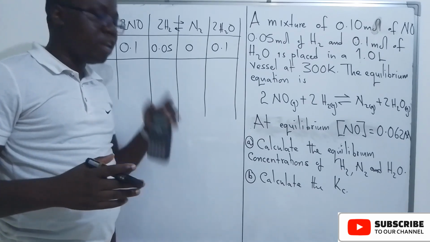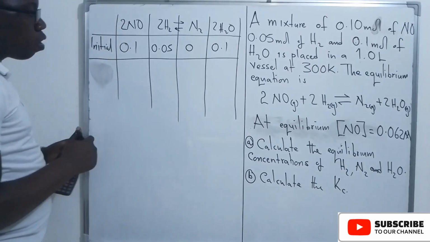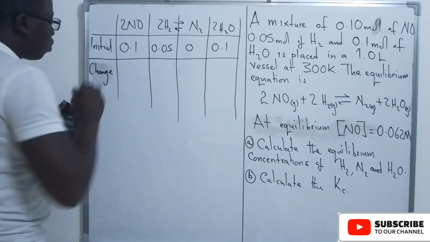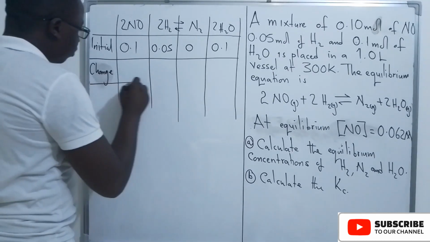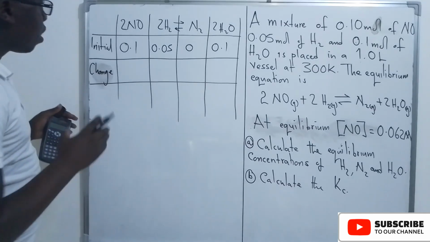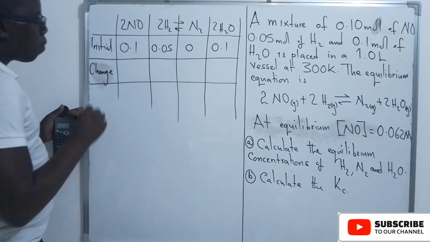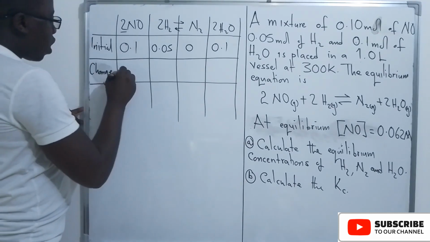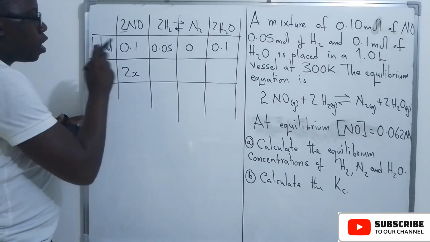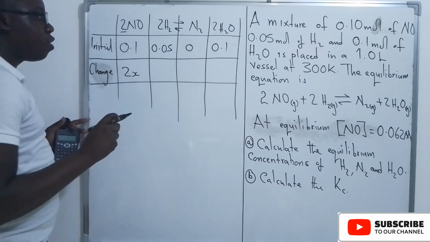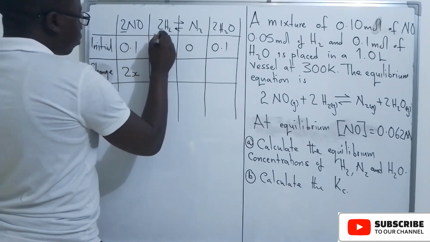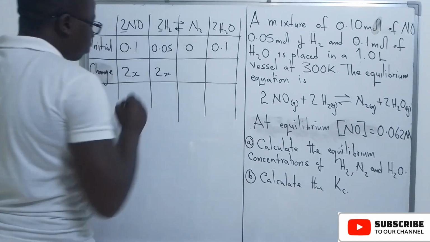So after identifying the initial concentrations, we now want to look at what will be the change as this reaction achieves equilibrium. Now, the change of this reaction is in terms of x. So, for NO, because it has the coefficient of 2, we are simply saying 2x should be the change in terms of the reactant NO. For hydrogen, because it has 2 also, we are saying it will be 2x.